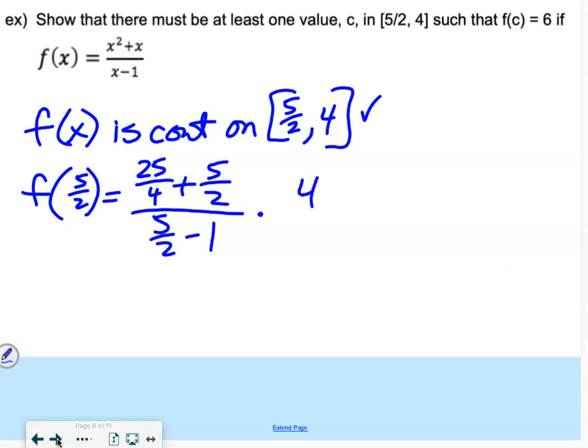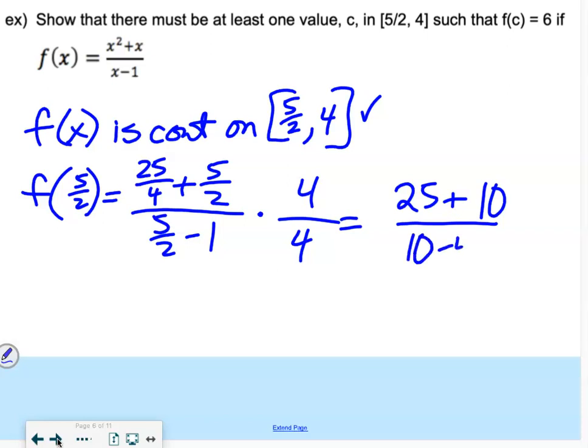Multiply the whole top and the whole bottom by 4, and what do you get? You get 25 plus 4 over 2 cancels to 2, so plus 10 over 5 halves times 4. So the 4 and the 2 cancel to 2, so you get 10 minus 4. 35 sixths.